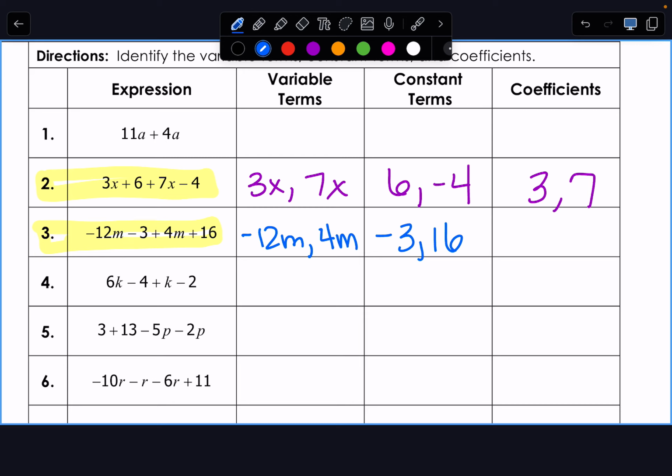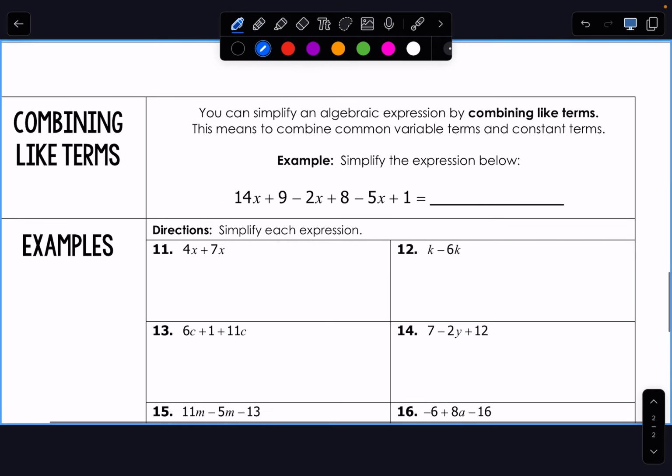Yep. And that negative, I know it is a -3, and we can think of it as -3, but that minus sign needs to be attached to the 3. Which means our coefficients are -12 and 4.